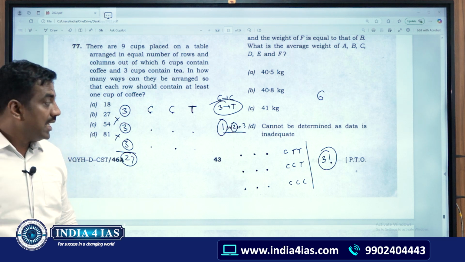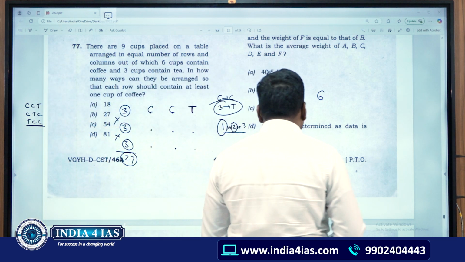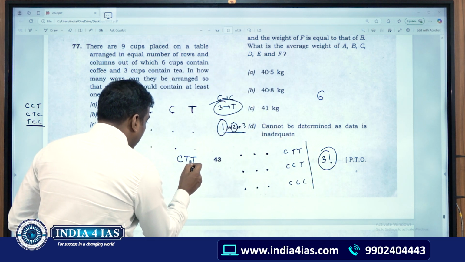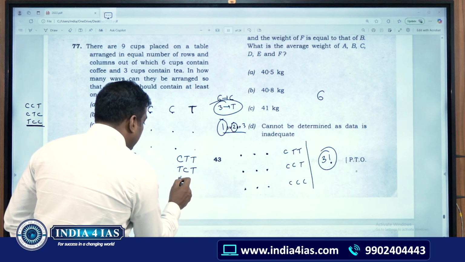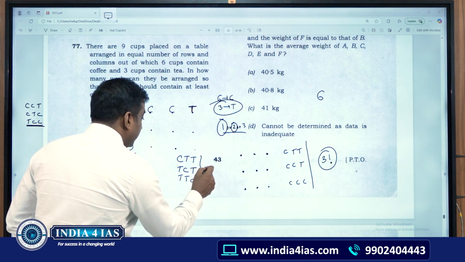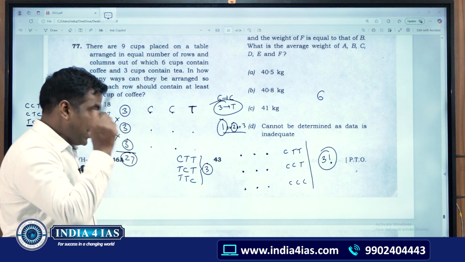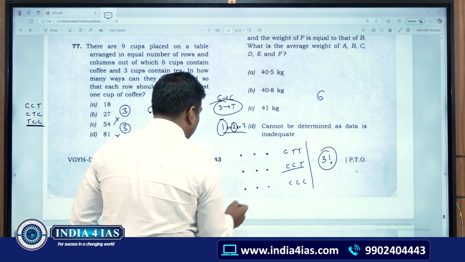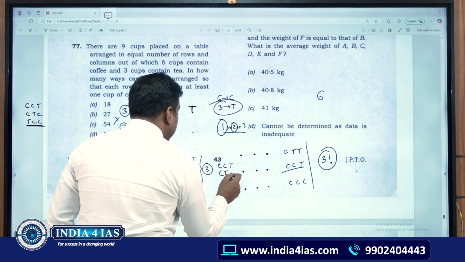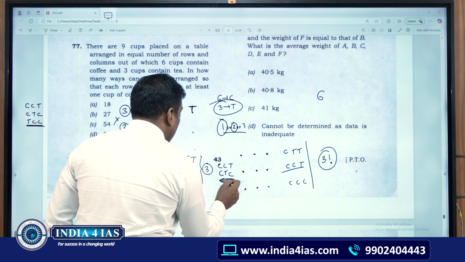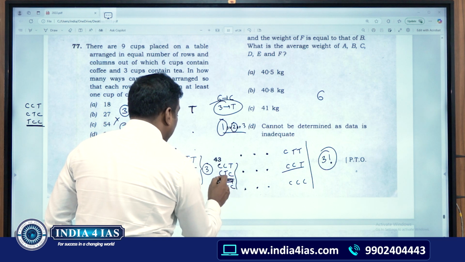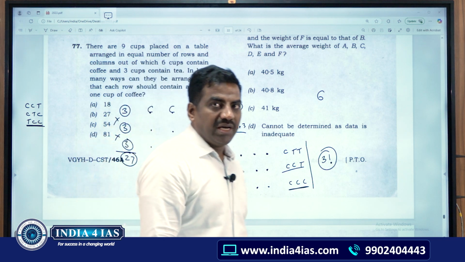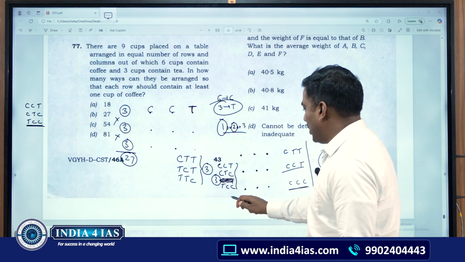Now, in each row, in how many ways can I arrange this? CTT is 1, TCT is 1, TTC is 1. So 3 ways of arranging the first row. Second row, CCT, CTC, TCC, so 3 ways of arranging the second row. Third row, there is no change, it is all CCC, so only 1 way.